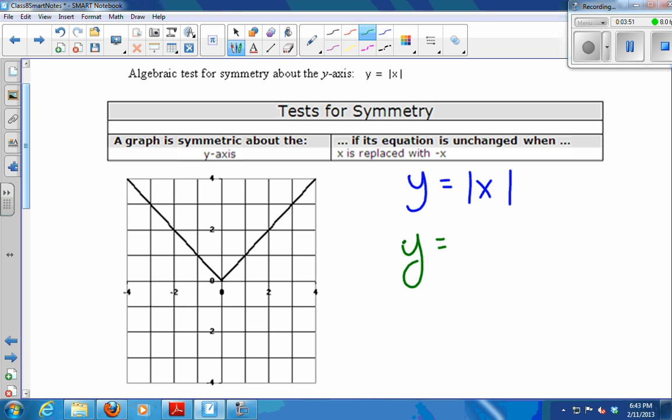In the equation, replace x with negative x. But what is the absolute value of negative x? x, right? And so you see my equation remains unchanged. Even when you replace an x with a negative x, you get the same equation.